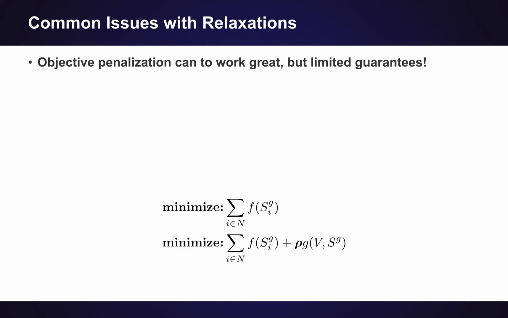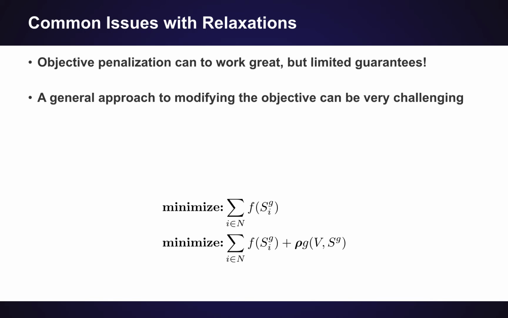Another common issue has to do with penalizing the objective function. So in a previous lecture, we've talked about how modifying the objective function can be very effective in encouraging a convex relaxation to be a feasible solution. So this can work very, very well in practice, but it does have limited guarantees. Developing a general approach which can set these penalty parameters inside the objective function to encourage feasibility can be very challenging.